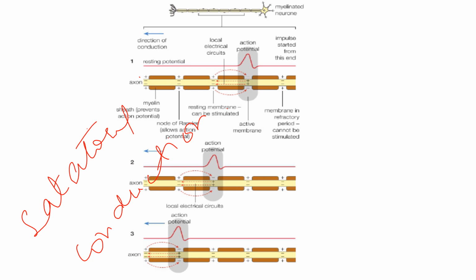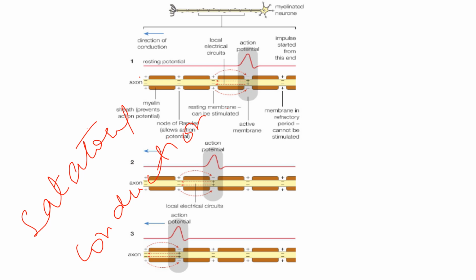Ions can only pass in and out of the axon freely at the nodes of Ranvier. This means that action potential can only occur at the nodes, and so they appear to jump from one node to the next. This speeds up the transmission of the movement of ions associated with the action potential, right? And this is what allows the myelinated fiber to give you a much faster response.